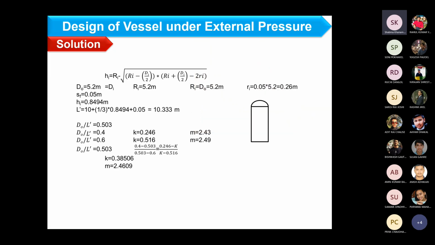Then only we can do the interpolation, right? So the 0.4 value is 0.246 minus K divided by K minus 0.516, which is given at 0.6. So considering this, I can find the K value is coming as 0.38506 and the M value is coming as 2.4609.